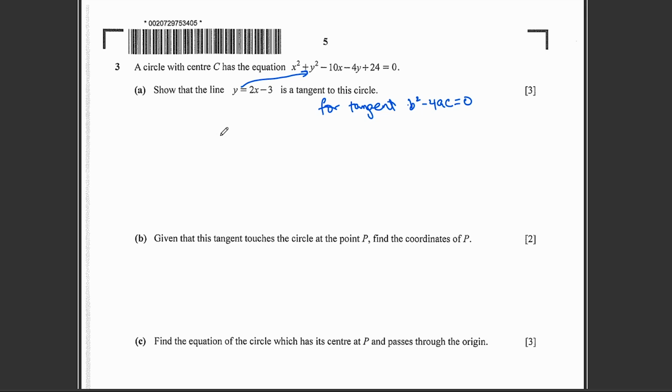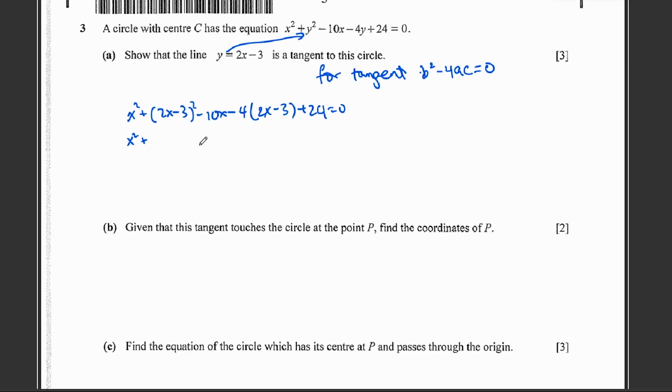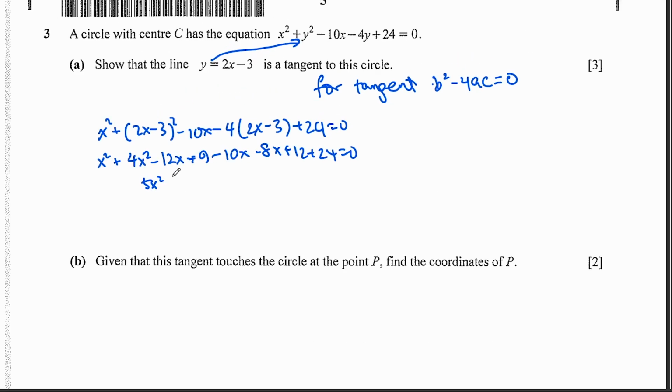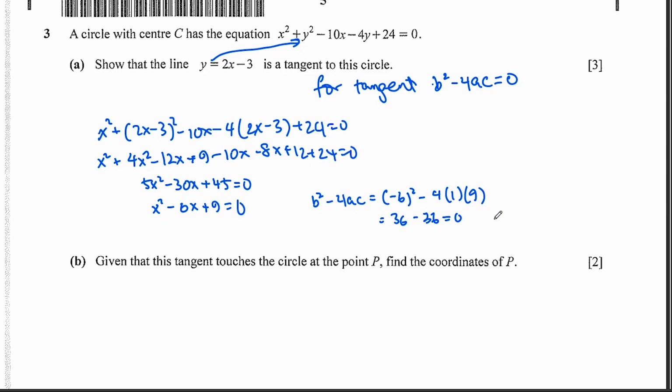So let's try and substitute this in. After I've simplified it further, I'm left with this quadratic equation so that I can finally use the discriminant. So b squared minus 4ac is equal to 0, therefore it is a tangent.